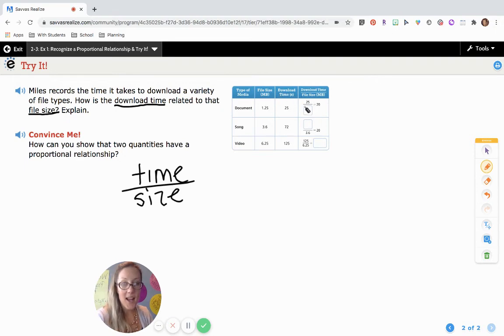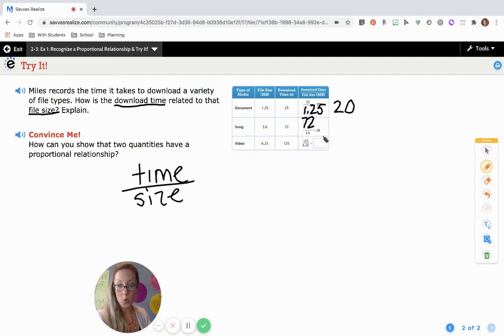Our file size is 1.25, which gave us 20 when we do 25 divided by 1.25. Then again, time over size, because it's time to file size: a time of 72 over a file size of 3.6 for a song gives us 20 as well.